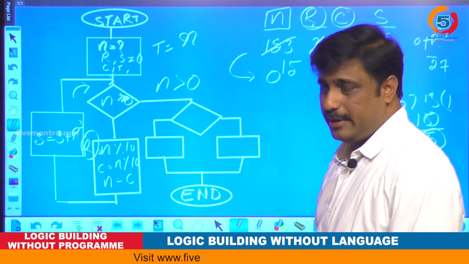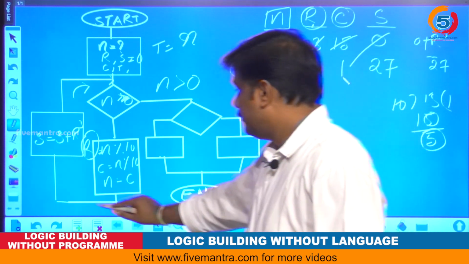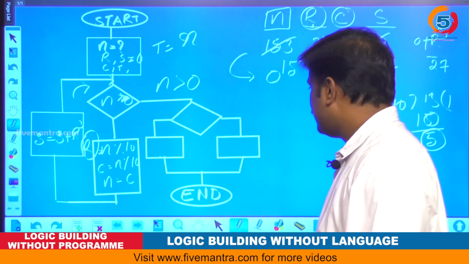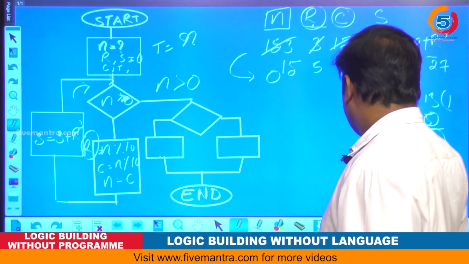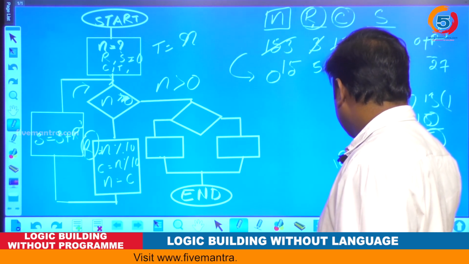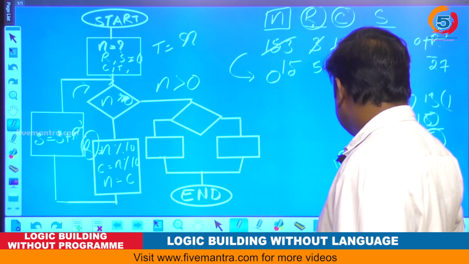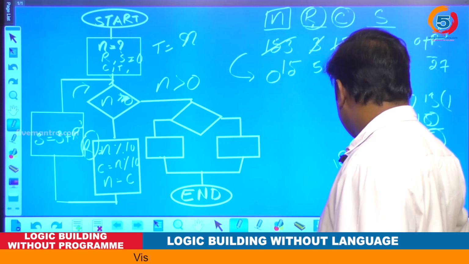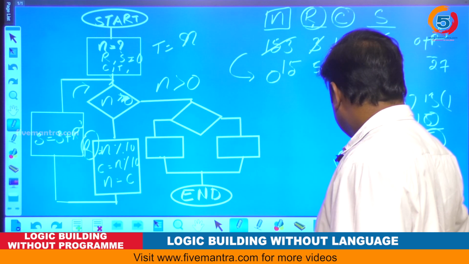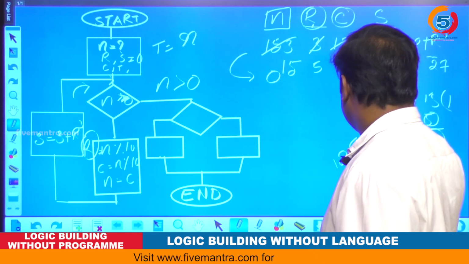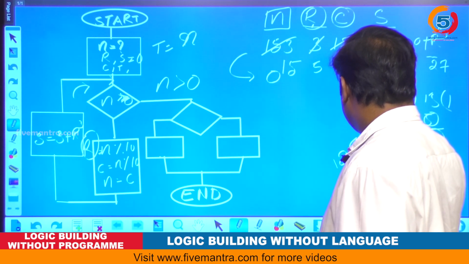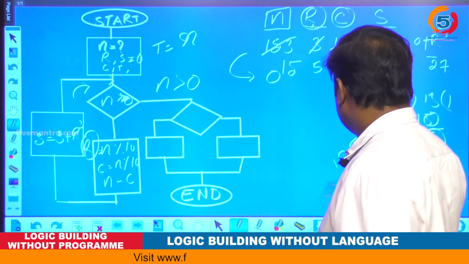And here, once again, we will do the next step, s equal to s plus r cube. What is r cube? That is 125, already we know that. What is the s value? That is 27. That is nothing but 152, right? This is the value you got.